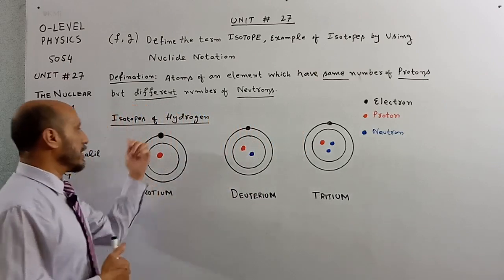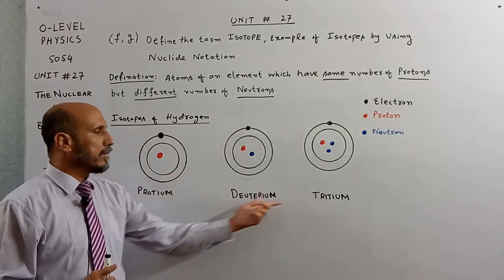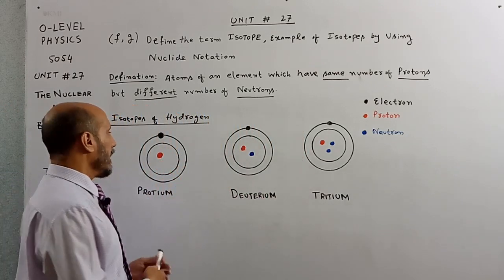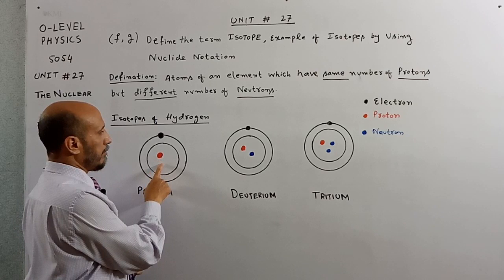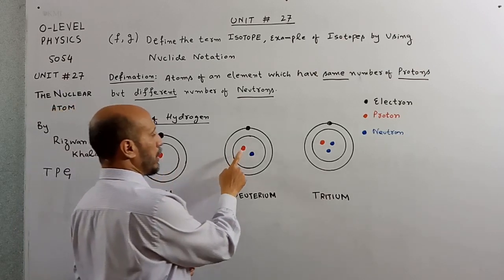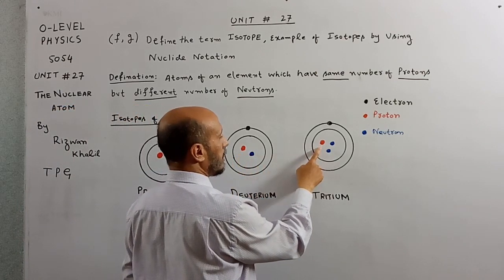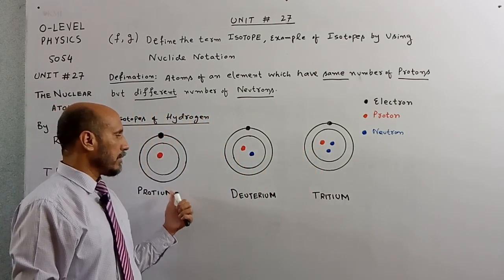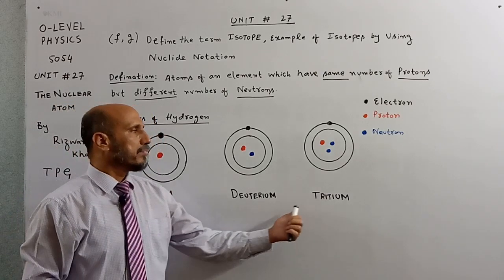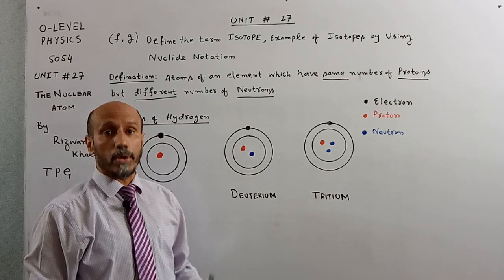Now you can see on this whiteboard that I have drawn three diagrams. In diagram number 1, there is only one proton. In diagram number 2, there is also one proton, and in diagram number 3, there is also one proton. So all these three atoms have the same number of protons.